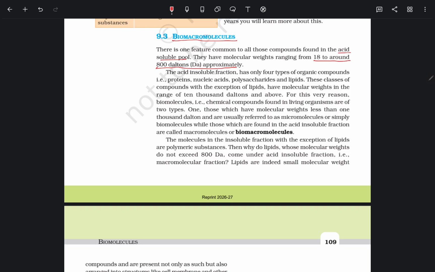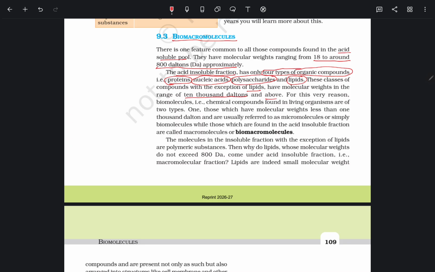The acid insoluble fraction has only four types of organic compounds: proteins, nucleic acids, polysaccharides, lipids. These classes of compounds, with the exception of lipids, have molecular weight in the range of 10,000 Dalton and above.